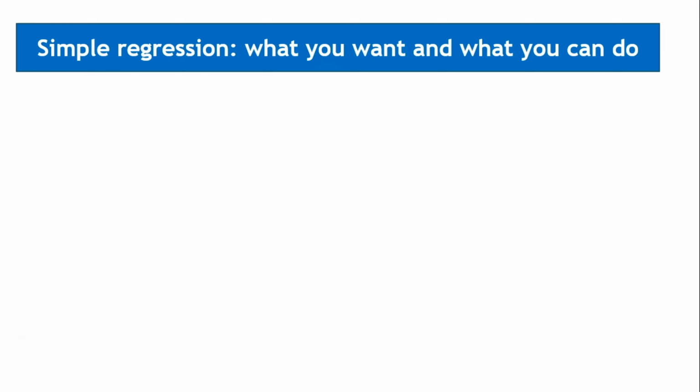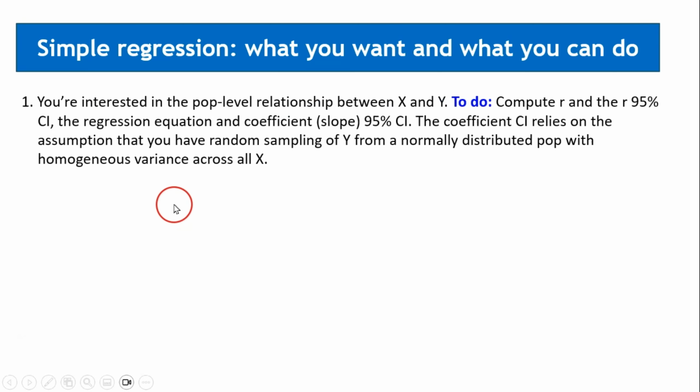We also have the case where the book talks about a slightly different purpose for your regression, and what kinds of statistics you should get to summarize that purpose. The first is that you might be interested in the population level relationship between X and Y only, rather than prediction per se.